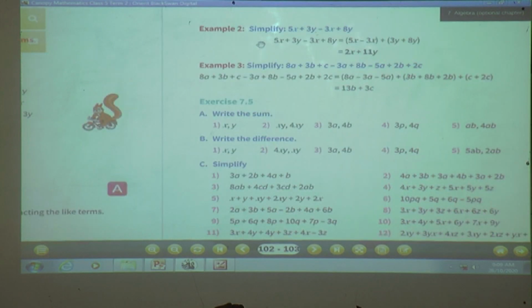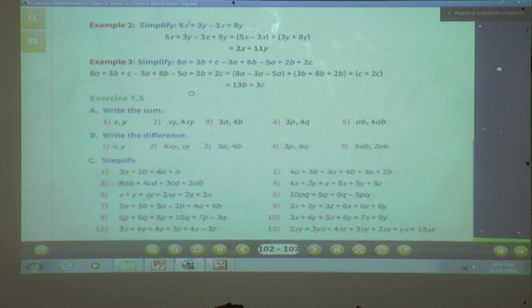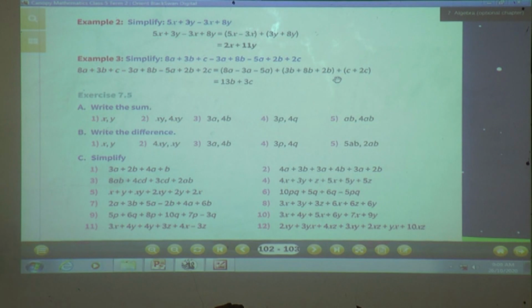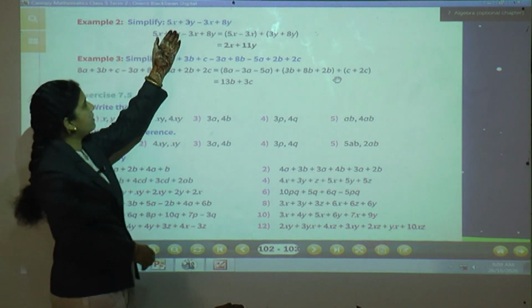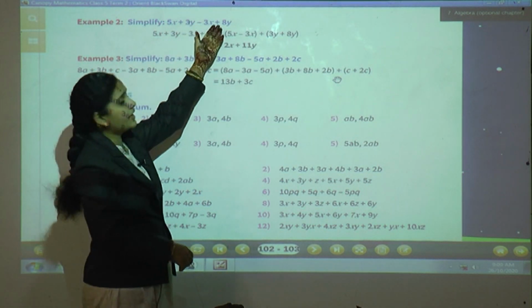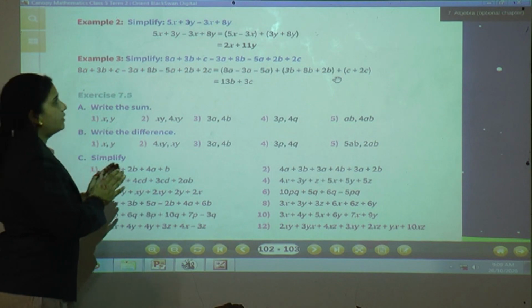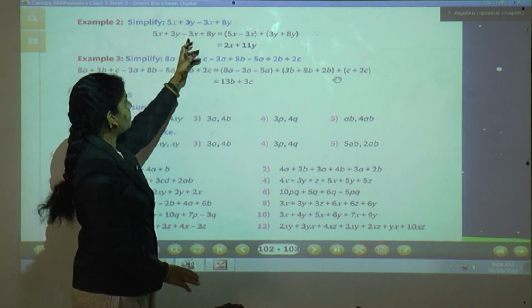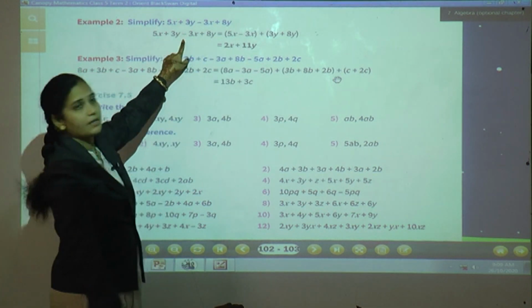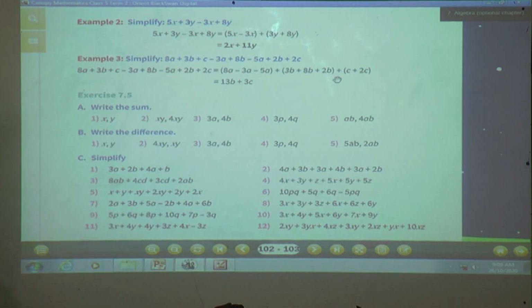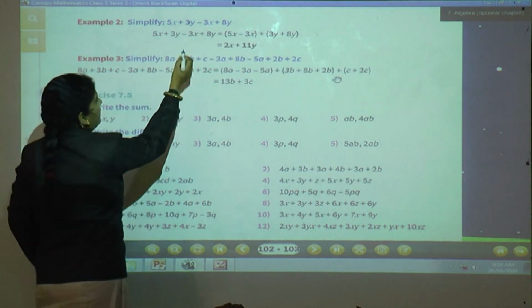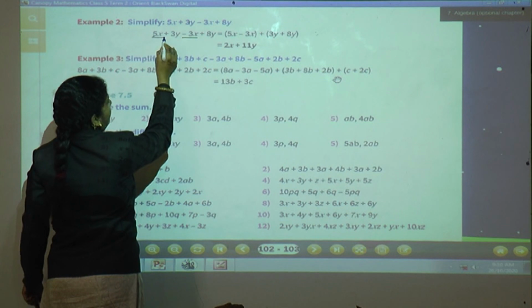Here, simplify 5x plus 3y minus 3x plus 8y. Now students, here group the like terms together. So for that, take the sign properly in the bracket.